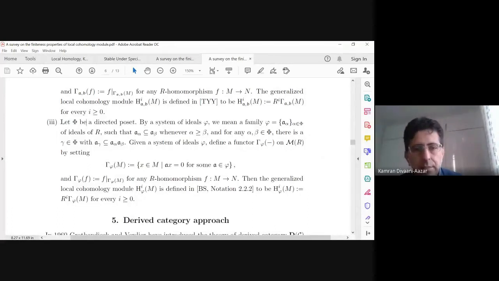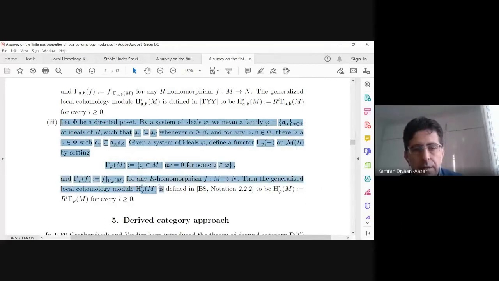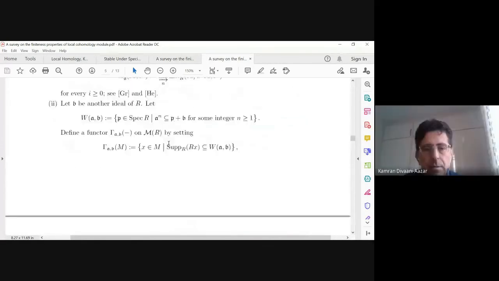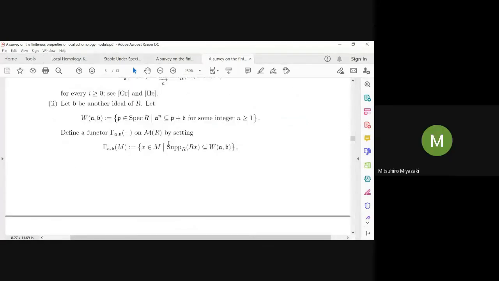So this is also a generalization of ordinary local cohomology. Yes, I see that this is a generalization.